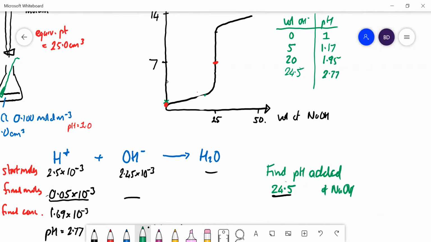Now let's see what we need to calculate the pHs in the region when we've gone past the endpoint. That is a bit more tricky, and we need to use Kw for that. So let's find the pH when we've added, let's say, 1 centimeter cubed over, so 26.0 centimeters cubed of NaOH.